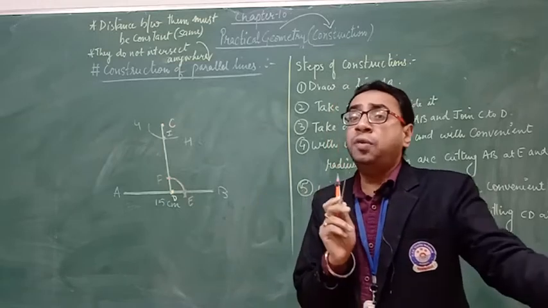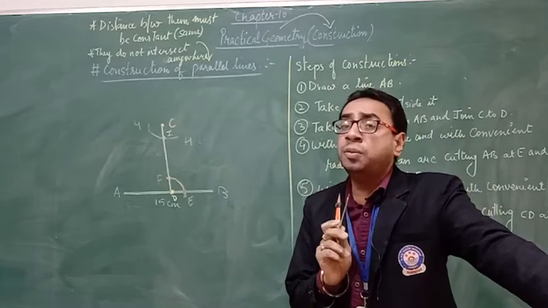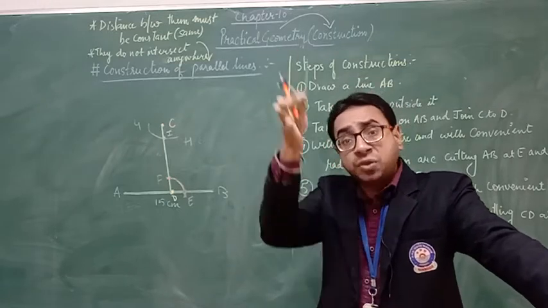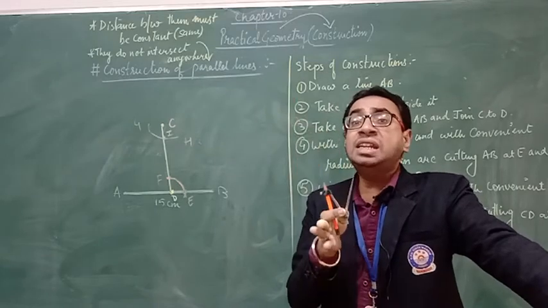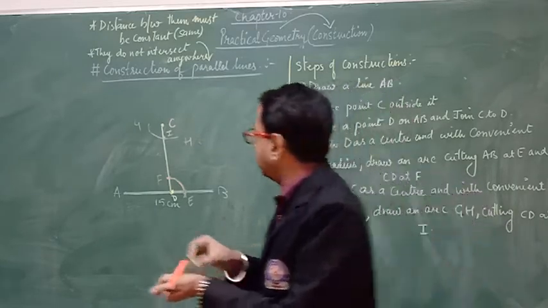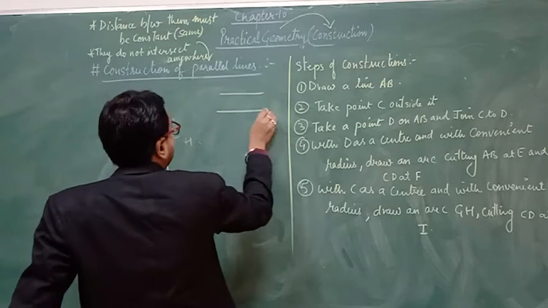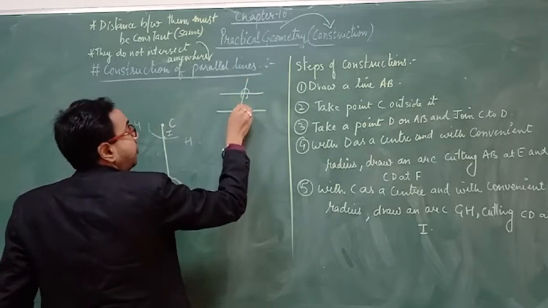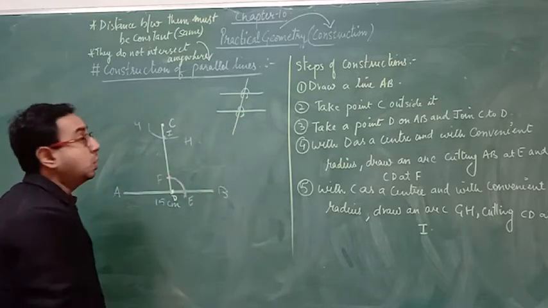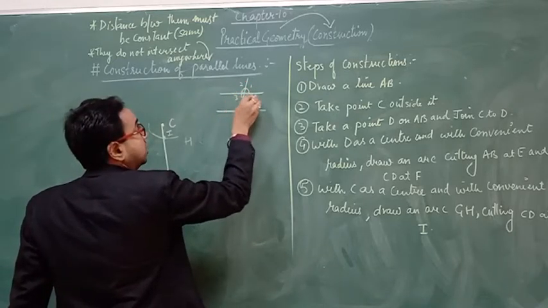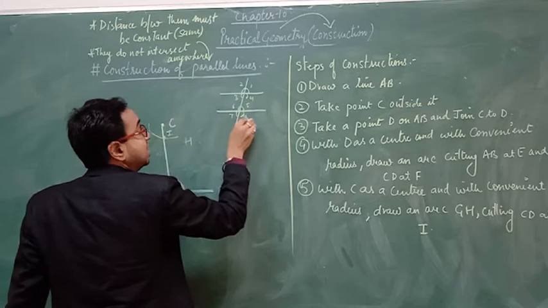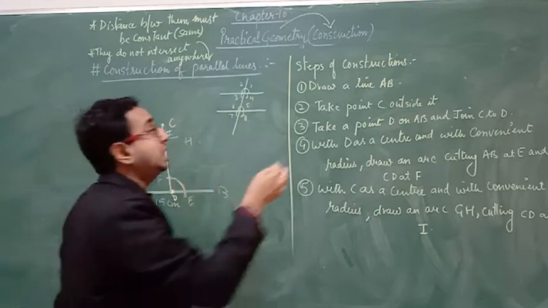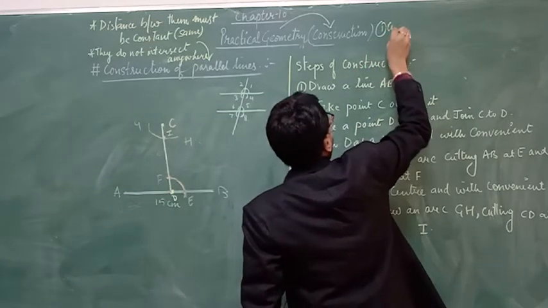And if you remember, a very important thing in the properties of parallel lines is that when a transversal cuts parallel lines, 8 angles are formed. I'll try to draw it: if these two lines are parallel, and this is the transversal, 8 angles are formed. Do you remember? Angle 1, angle 2, angle 3, up to angle 8, and hence we get corresponding angles.